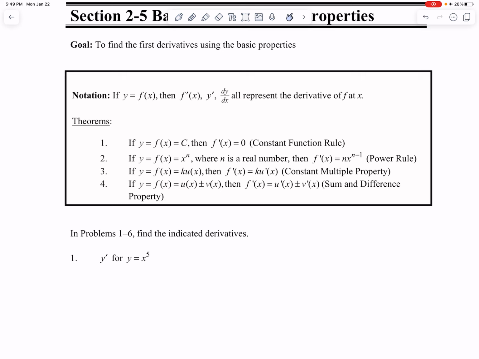So here are some theorems we have. One, if y equals f of x is a constant, then the derivative is 0.